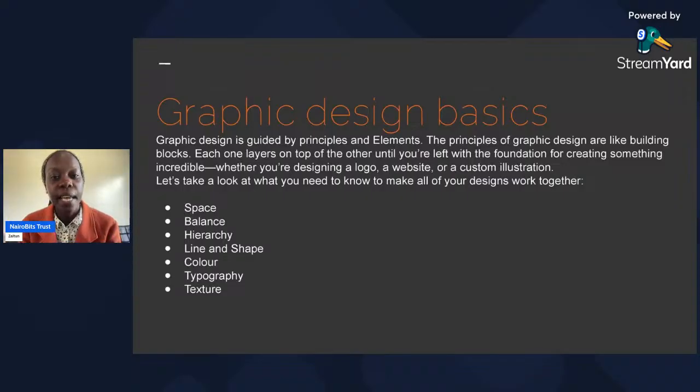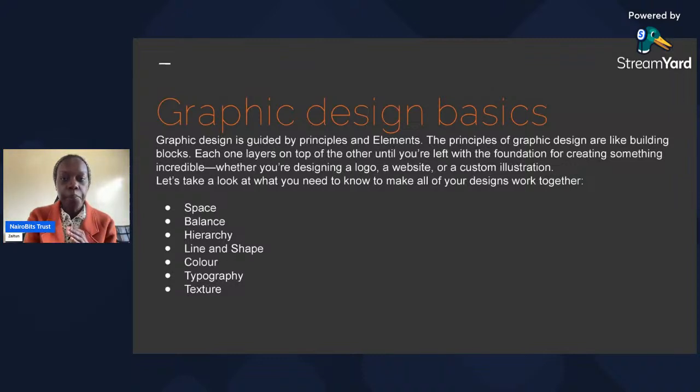Graphic design is guided by principles and elements of design. Just like any other form of design, it is guided by something. Just because graphic design is fun and nice and you create amazing things, doesn't mean that you have to go all crazy. It has some rules that need to be followed. So we are going to go through these rules.